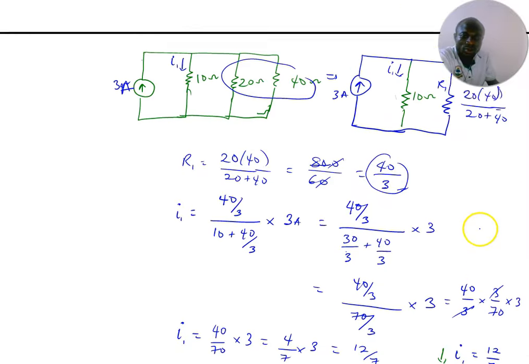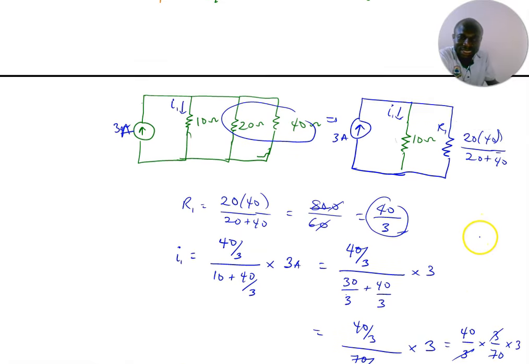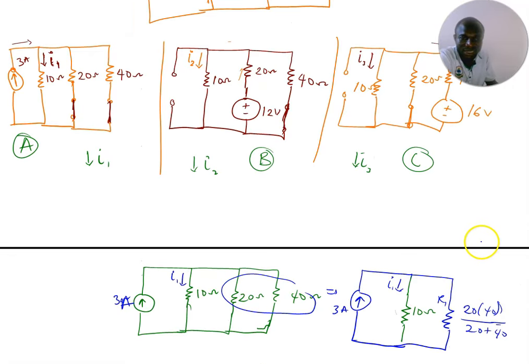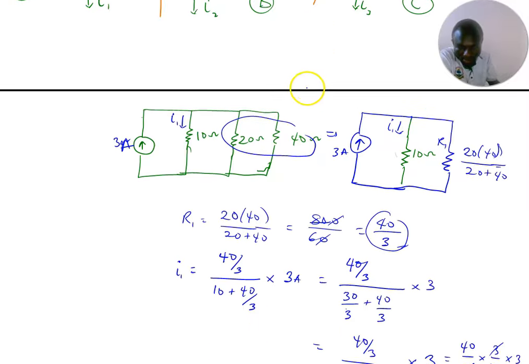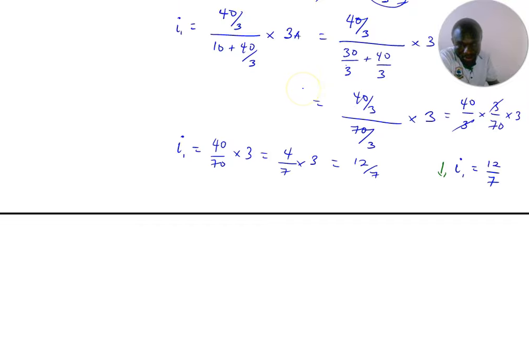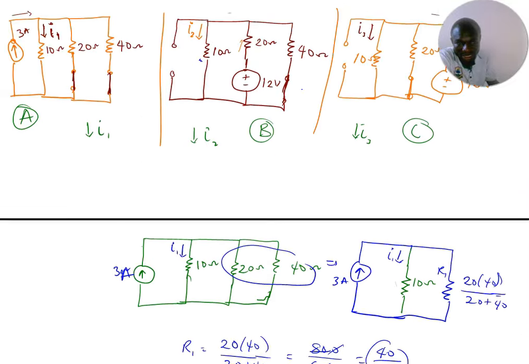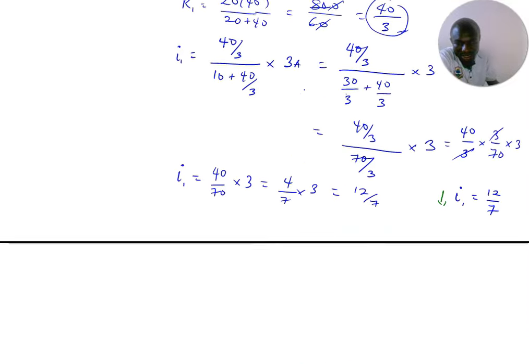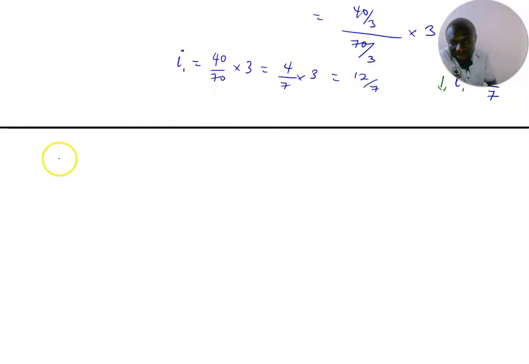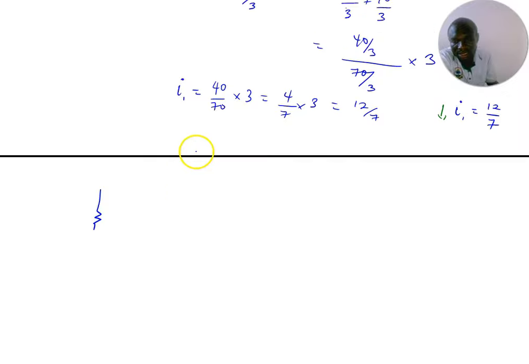Very good. So the next agenda is to find the current this voltage is supplying. Are you okay? Yes. So how do we do that? It's very, very simple. Here we can apply source transformation, like we used to say. So here the current source is taken off, so let me not include the current.